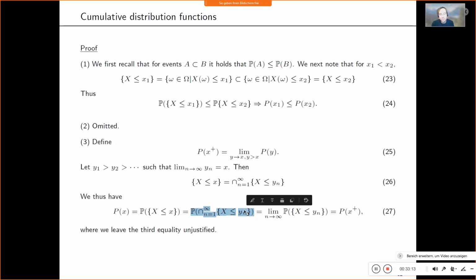And then a miracle occurs, namely that this is actually identical to the limit of the probability of the events that x is smaller or equal to yn. And this was defined as this px plus. So of course the magic here is in this equality, which again is quite subtle, and one needs to dive deeper into the math to justify that.